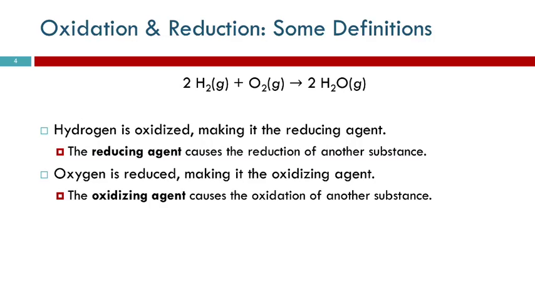So I understand that's confusing. Sorry. Yes? So essentially, whichever one gives the electrons away is going to be the reducing agent. Yes. It gives the electrons to the thing that's being reduced. Reduction is gaining electrons.